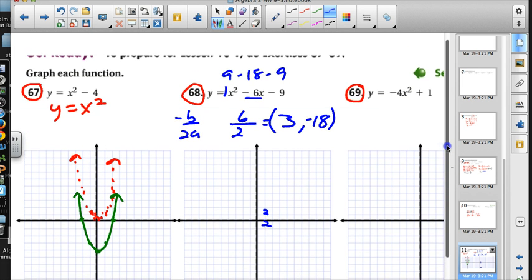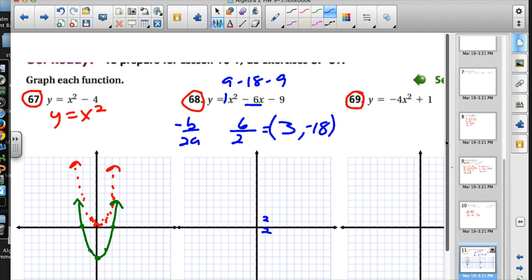Now, another thing that would be really, really nice to do would be able to figure out where the zeros are, and then I could just draw in the curve. So x squared minus 6x minus 9. I start to think, do I have two numbers that multiply to negative 9 and add to negative 6? Unfortunately, it isn't going to happen. So I might just have to go ahead and put a couple of extra points in here and see what I get and use symmetry.